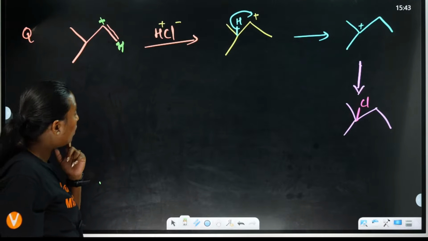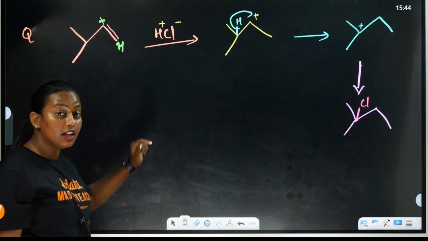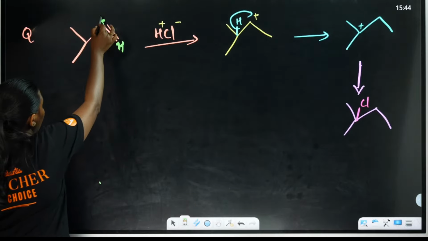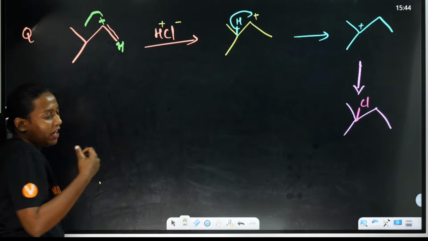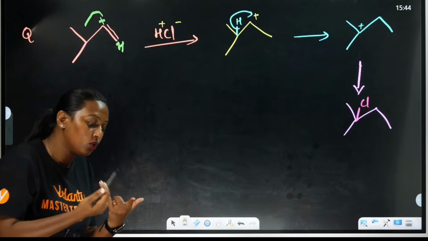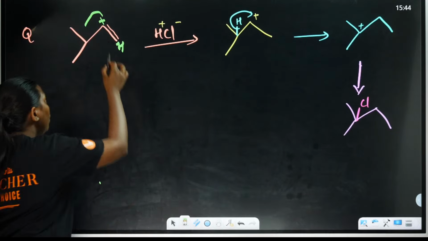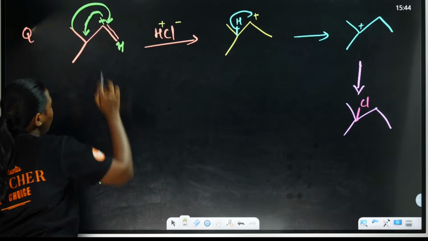Here rearrangement is possible. Why is rearrangement possible? We know that a tertiary carbocation is more stable. So the positive charge will go this side, and the methyl group will shift to this side.